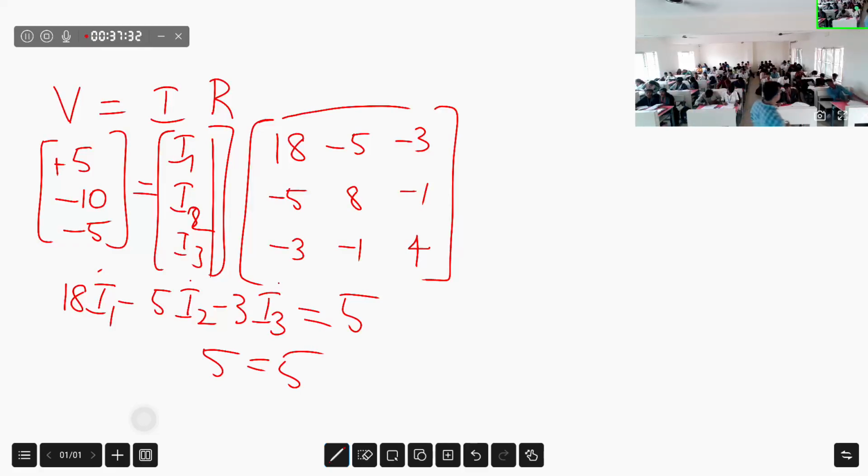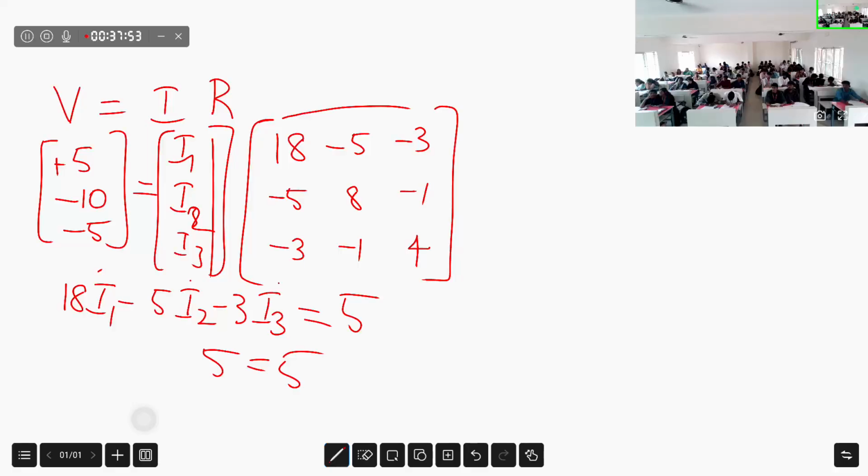Plus 10 or minus 10? Right? It is entering at the negative polarity terminal. So put plus 10. In the second mesh there is no voltage source, so substitute 0. In the third loop I have 20 volt, but current enters at the positive terminal, so put minus 20.